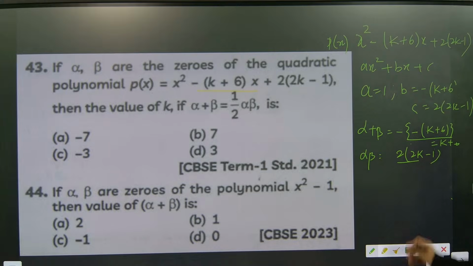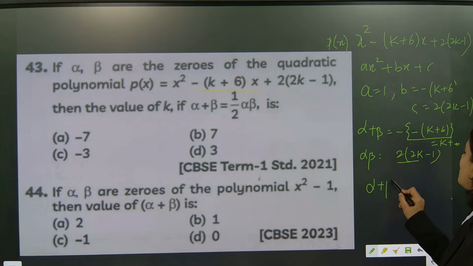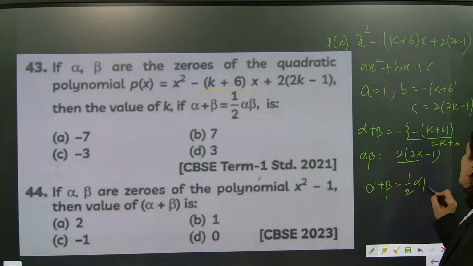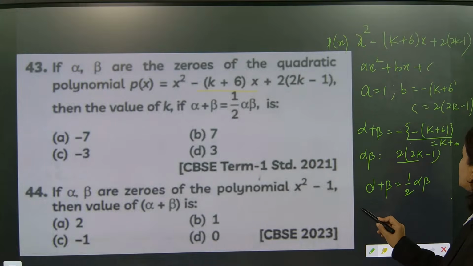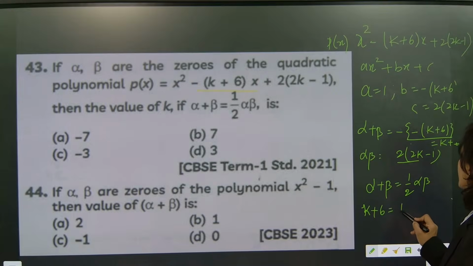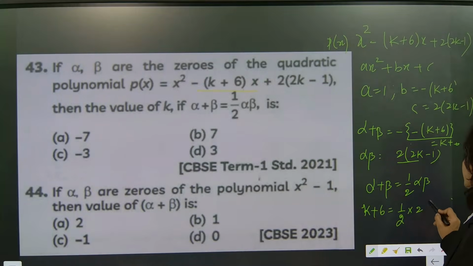Then, now beta, what was our question? The term alpha plus beta is equal to 1 by 2 of alpha beta. Alpha plus beta is what? K plus 6 is equal to half into 2k minus 1. So the 2 got cancelled.